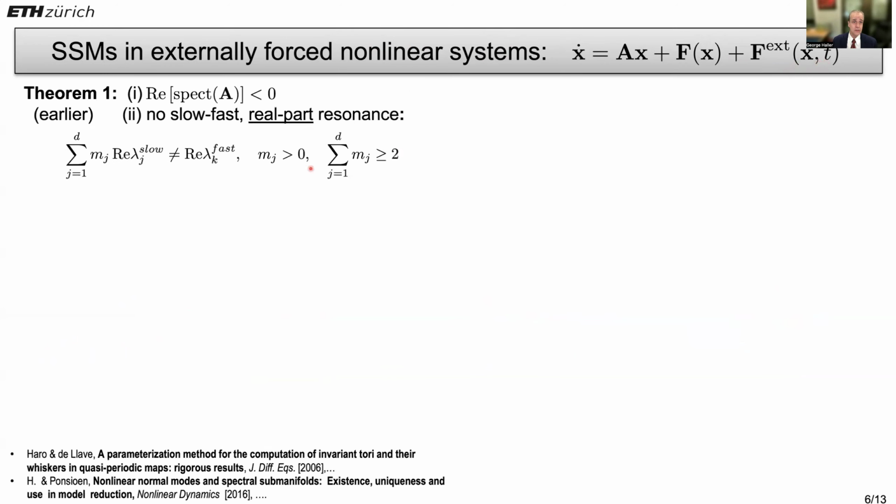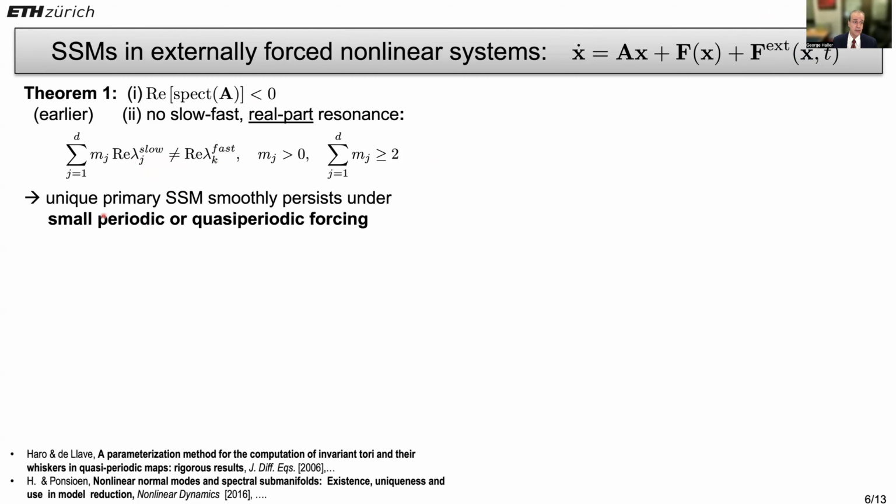Equally important is what happens when you add forcing to the system. And the original result that was known in the literature, again first on the pure side of the dynamical systems literature, which we also translated in 2016, is basically this: if the equilibrium point was stable and you're adding small time-periodic or time-quasi-periodic forcing, then as long as there's no resonance among the real parts of the slow and fast eigenvalues, then under small enough periodic or quasi-periodic forcing, what you see in the original linear system carries over not only to the nonlinear system, but also to the forced system.